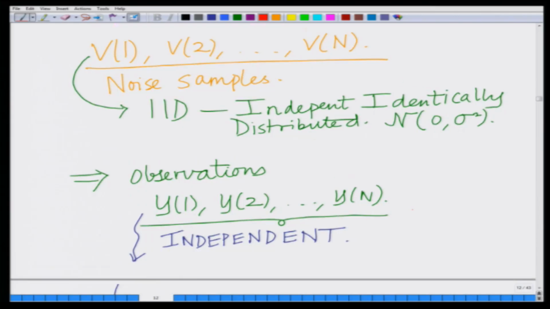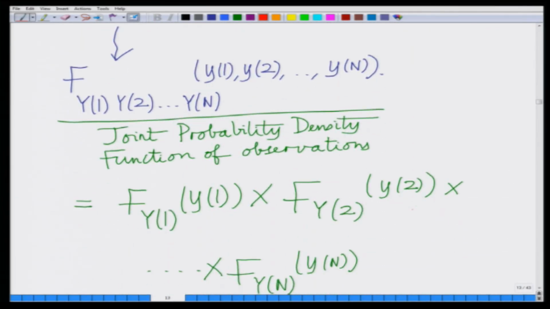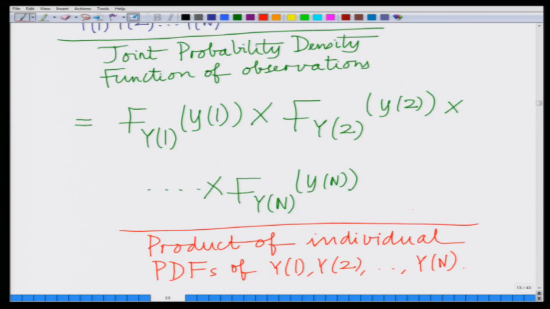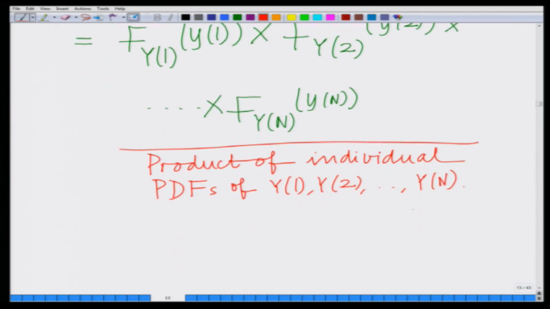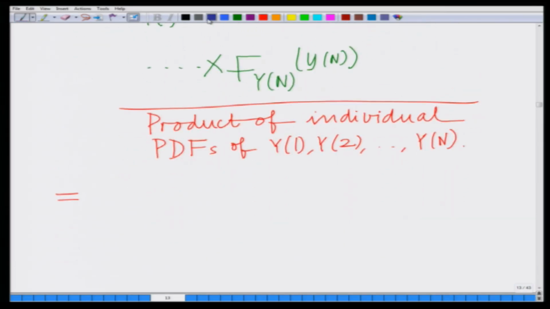And we also said that if the noise samples v1, v2, up to vn are independent, then the observations y1, y2, up to yn are independent, and therefore, the joint PDF of the observations is given as the product of the individual probability density functions, which can now be written as, now we know an expression for the probability density function of each yk.